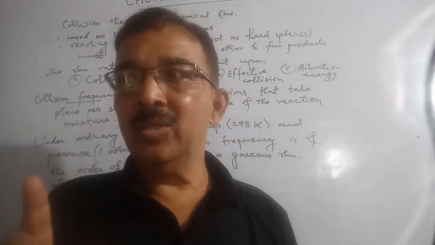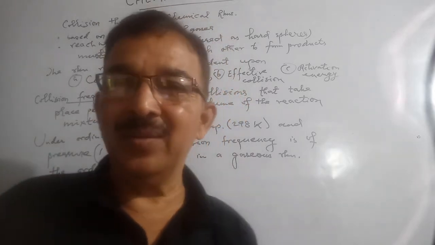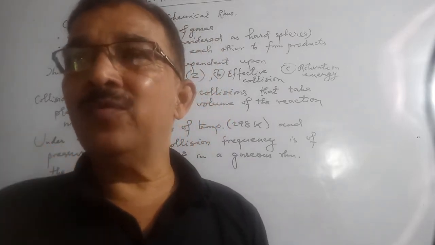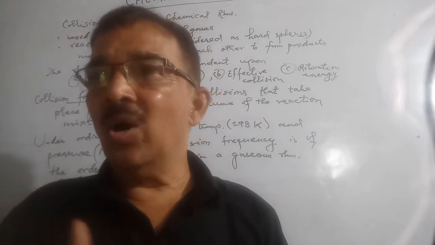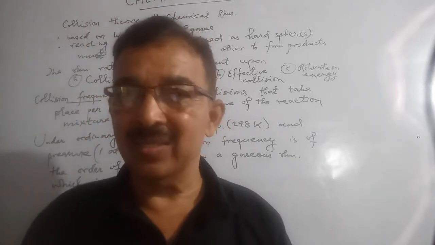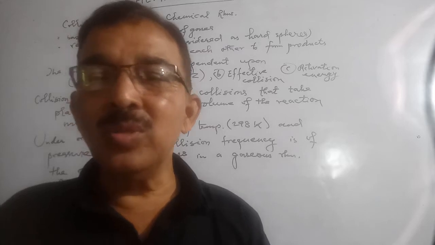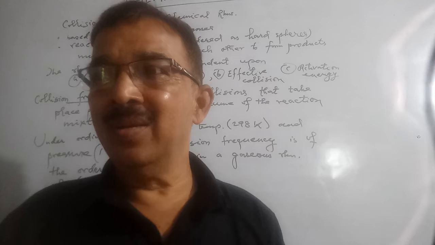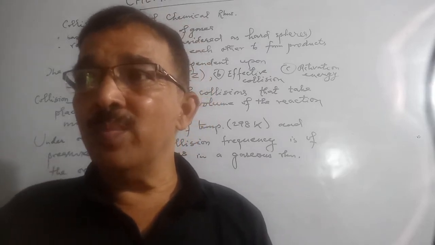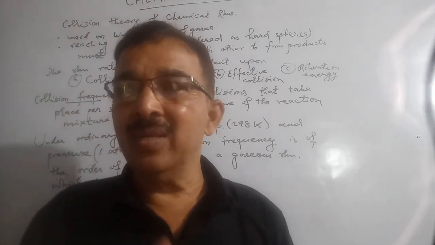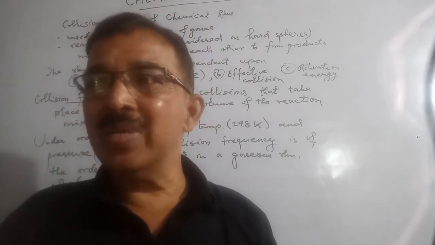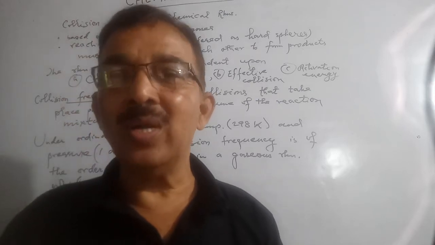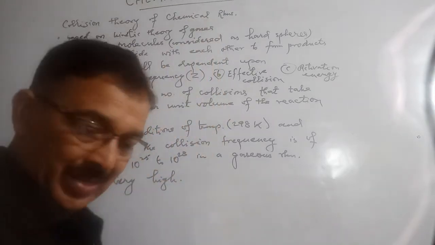In order to make their collisions effective, the reacting molecules have to overcome certain obstructions, also called barriers. There are two such barriers. One is energy barrier. In order to make collisions effective, the reacting molecules must have a certain minimum amount of energy called threshold energy.